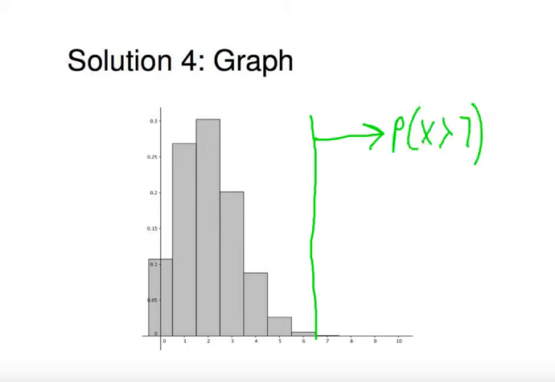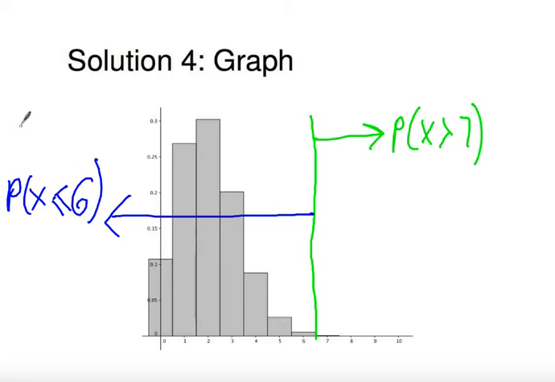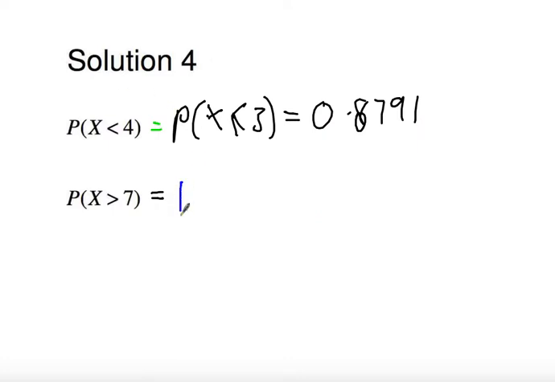What I can actually calculate on this graph is this part of the graph here, which is probability x is less than or equal to 6. So if I do 1, take away this area, this leaves me this remaining area of probability of x greater than 7. So let's make a note of that. I'm calculating this by doing 1 minus probability of x less than or equal to 6.